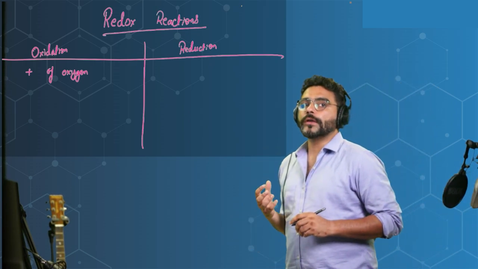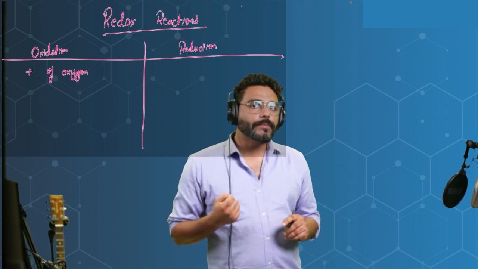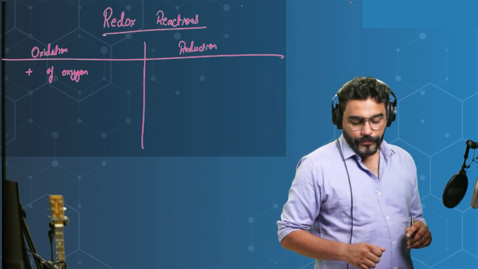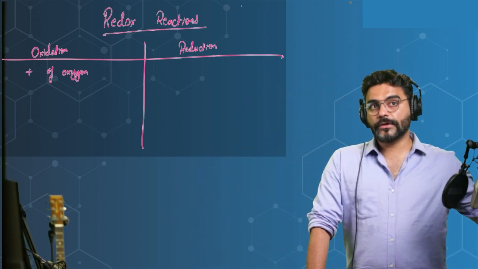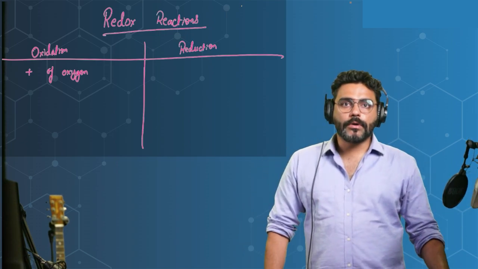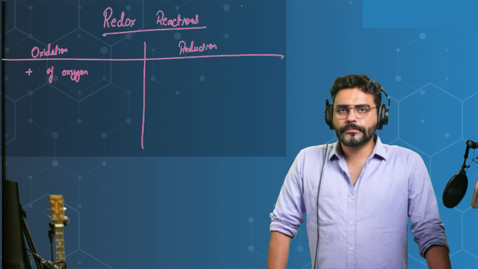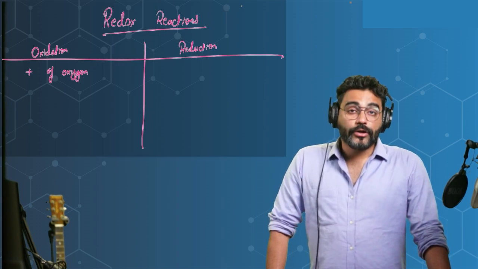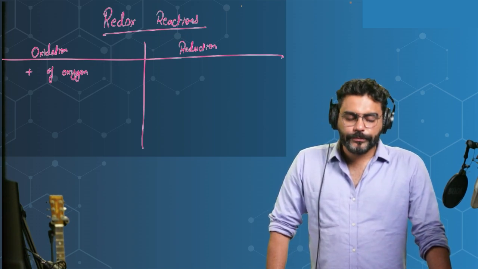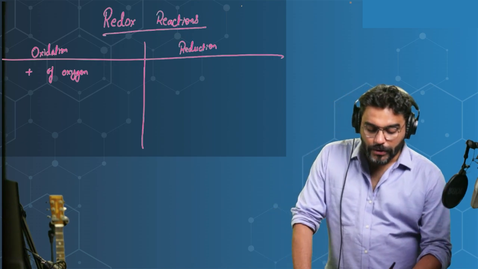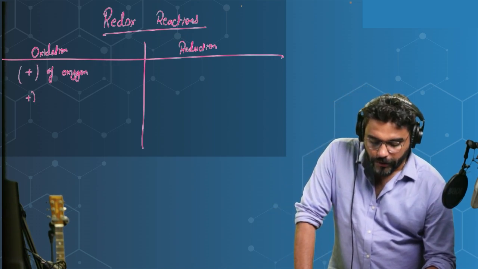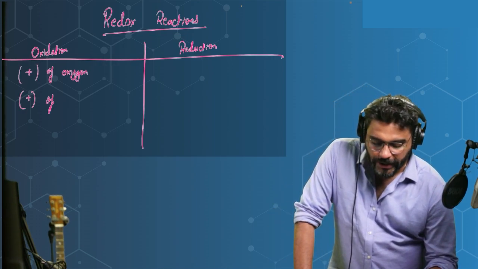Non-metals. Oxygen is a non-metal, so it resides in the P block. If it is in the P block, is it a social worker or a dacoit? Dacoit. Dacoits are electropositive or electronegative? Negative. So one more definition came: addition of electronegative elements.